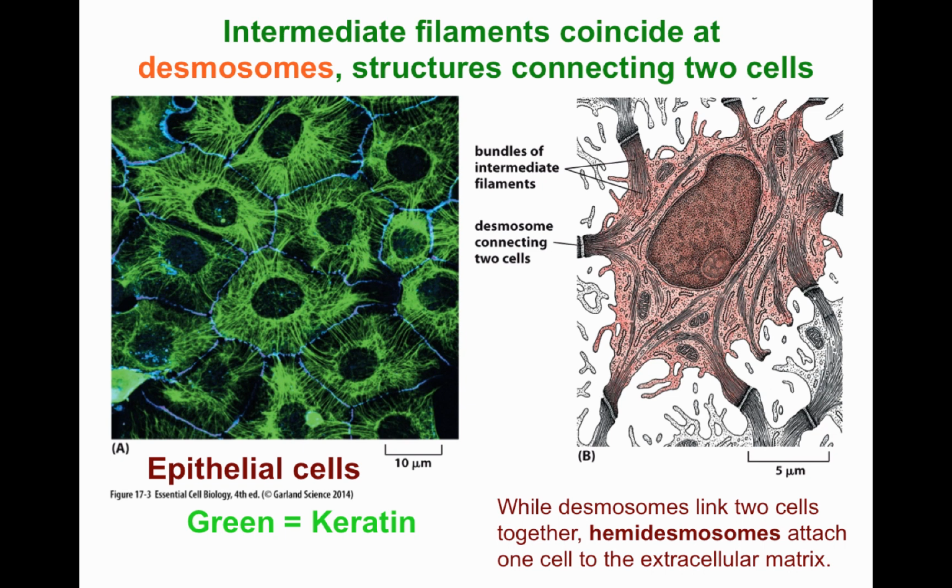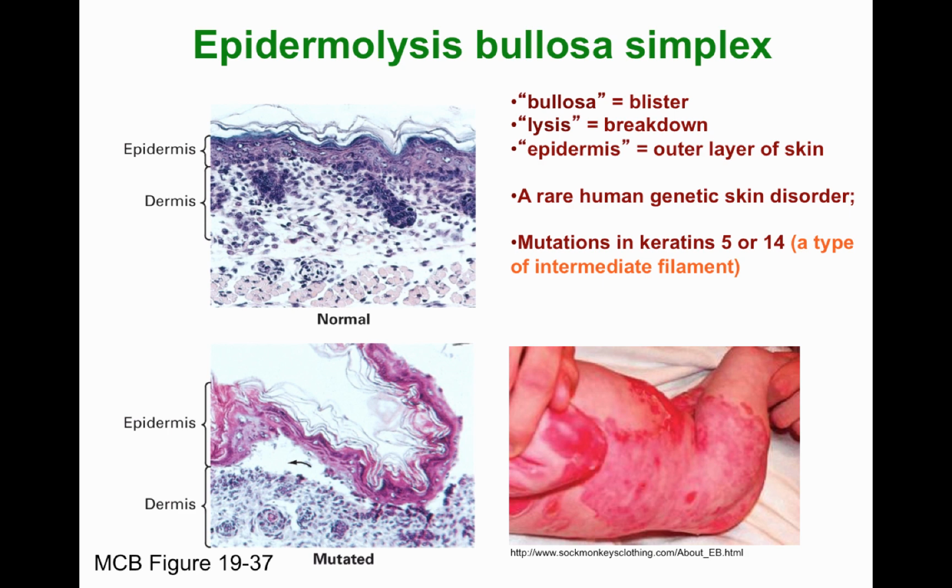As I mentioned, the hemidesmosomes are the way in which the intermediate filaments are attached to the extracellular matrix, usually at the basal lamina. So now, defects in epithelial intermediate filaments, in this case a defect in keratin 5 and keratin 14, are responsible for a condition called epidermolysis bullosa simplex.